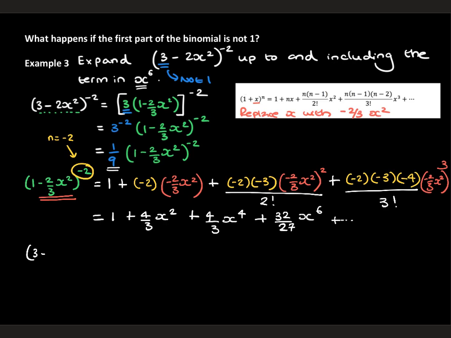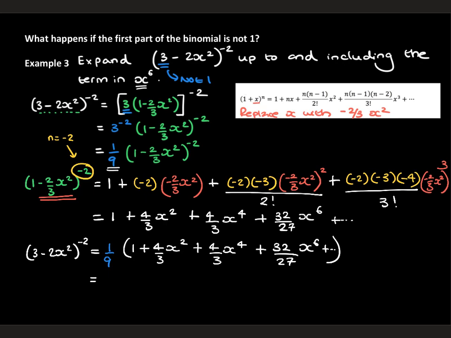So I'm going to say (3 minus 2x squared) all to the power of -2 is equal to a 9th multiplied by 1 plus the 4 terms here that we have just worked out.